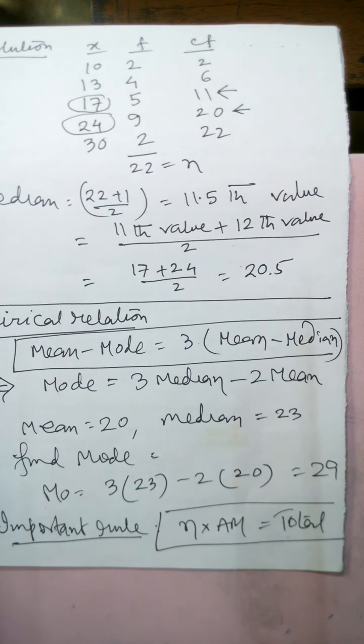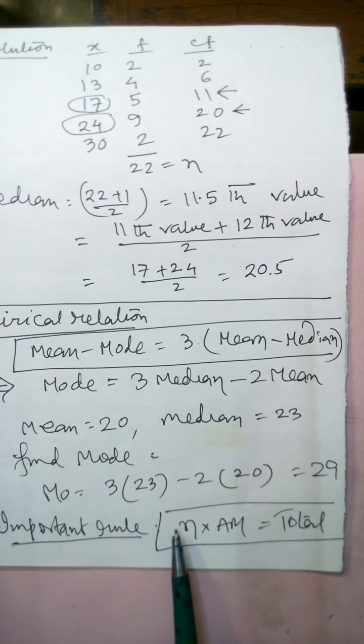The arithmetic mean is 4.2, and 5 overs are already played. If I ask you how many runs have been scored, how will you tell? We know the arithmetic mean is 4.2 and it is 5 overs, so total runs will be 5 into 4.2, so it will be 21. So that is the concept.